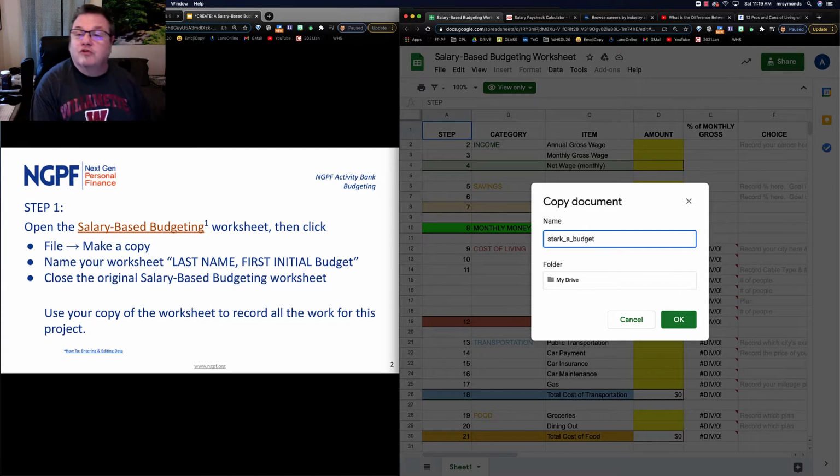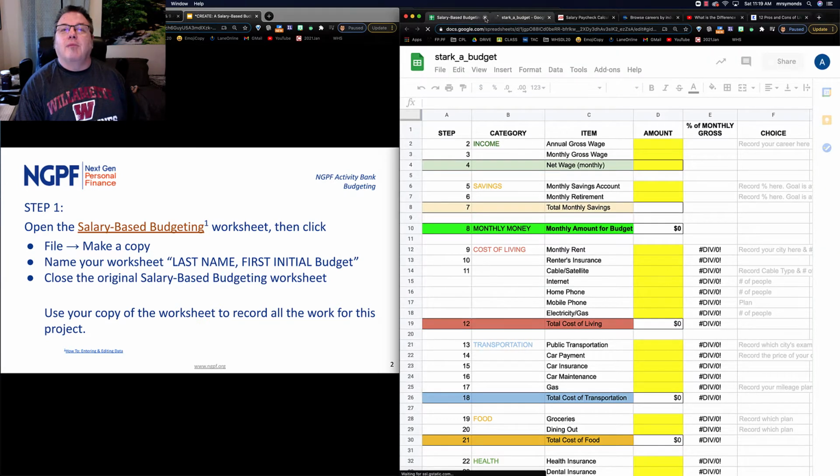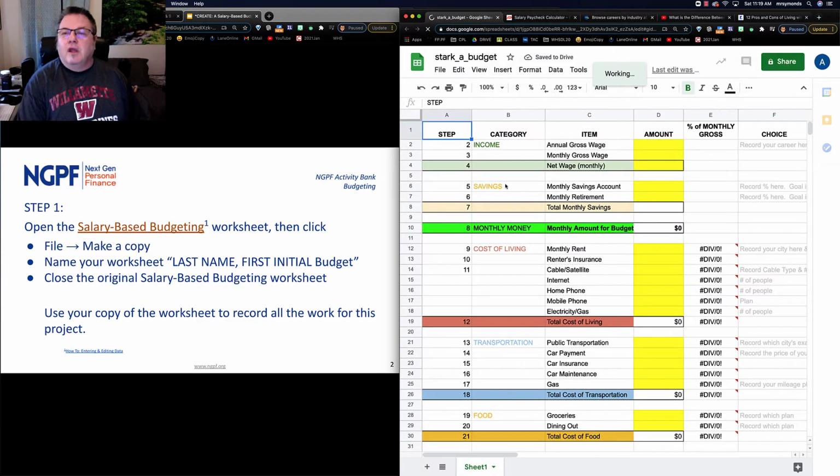I like to use underscores on my file names here. Gives us some separation, and spaces don't always work as file names here. All right, so now we've got this one, and Stark A budget is what we're looking for here.